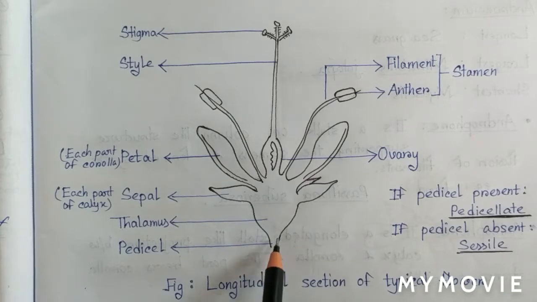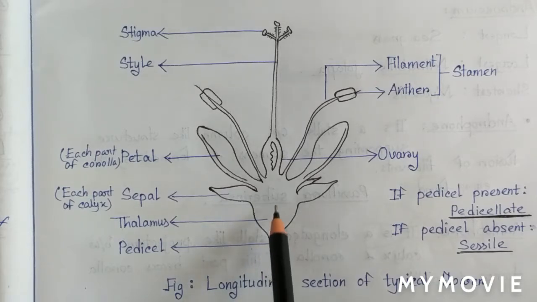If pedicel is present, then it is termed as pedicellate flower, and if pedicel is absent, then the flower is termed as sessile flower. So it's not mandatory that all flowers have pedicel.